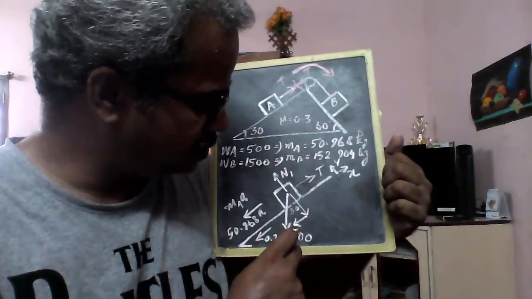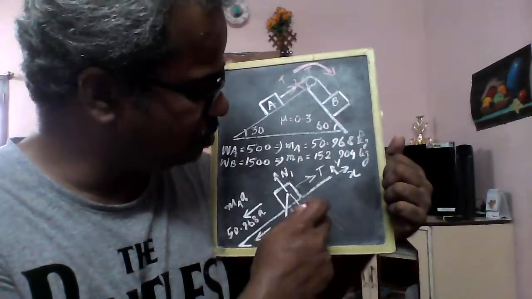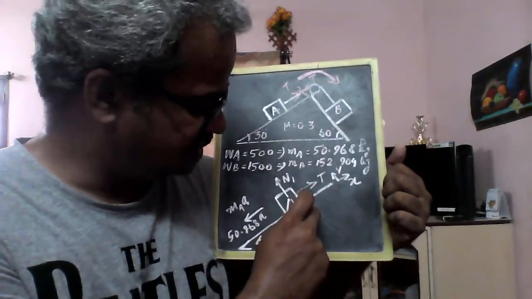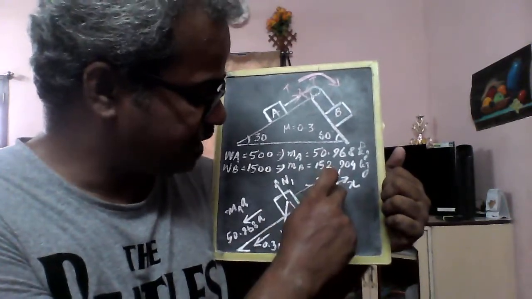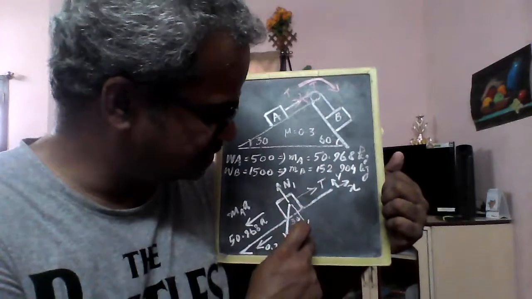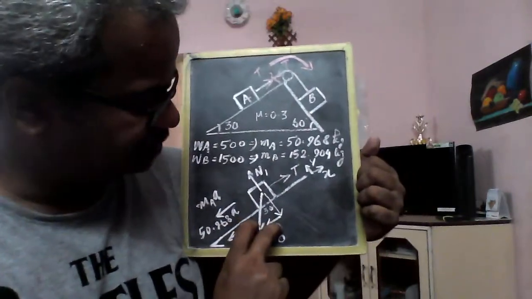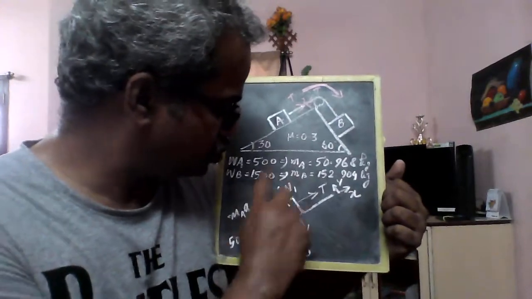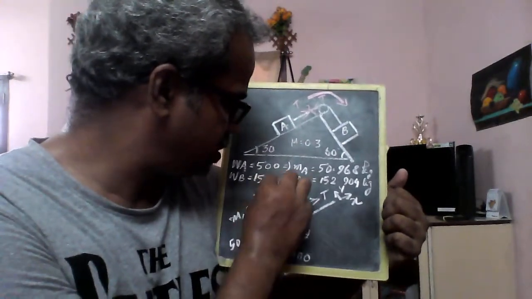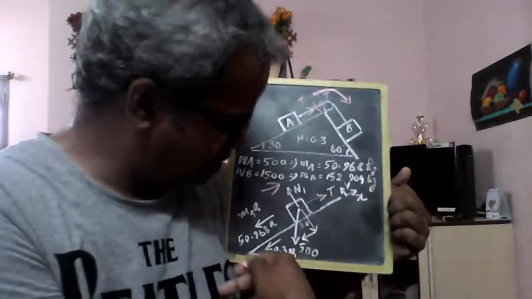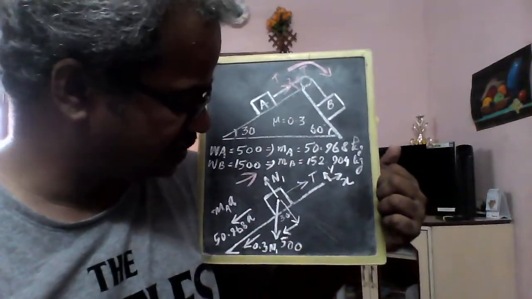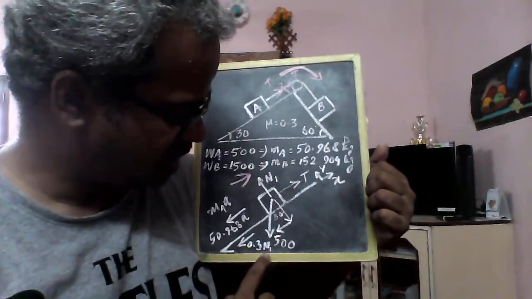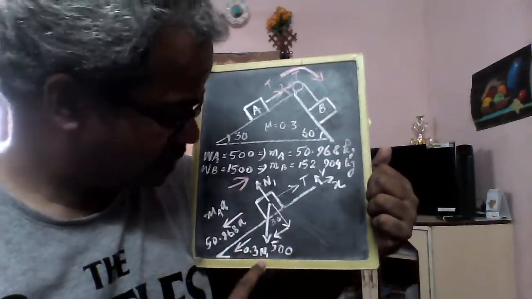I can decompose this 500 Newton into two components: 500 cos 30, parallel to the y-axis, and 500 sin 30, parallel to the x-axis. Since the body is moving this way, there will be a frictional force in the opposite direction, 0.3 into N1.